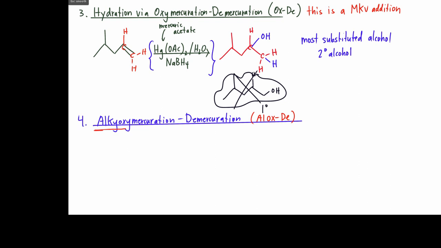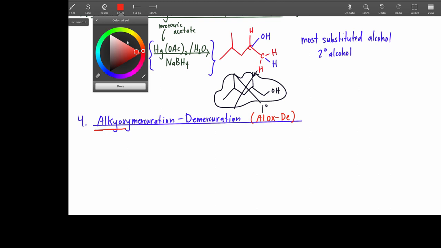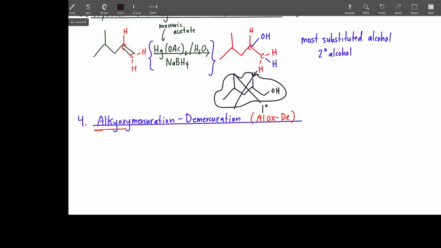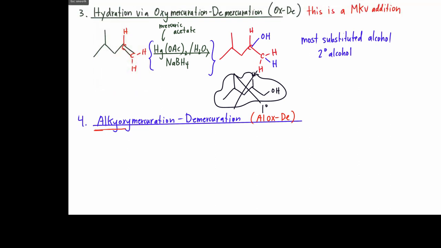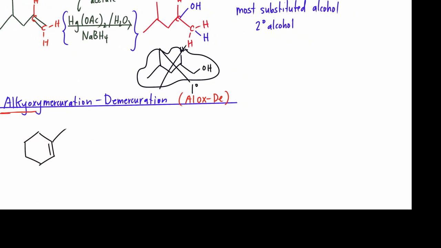Now, I try to give you different alkenes. That way you can see what's going on. So let's start with methylcyclohexene. Okay. So again, we're going to have HgOAc.